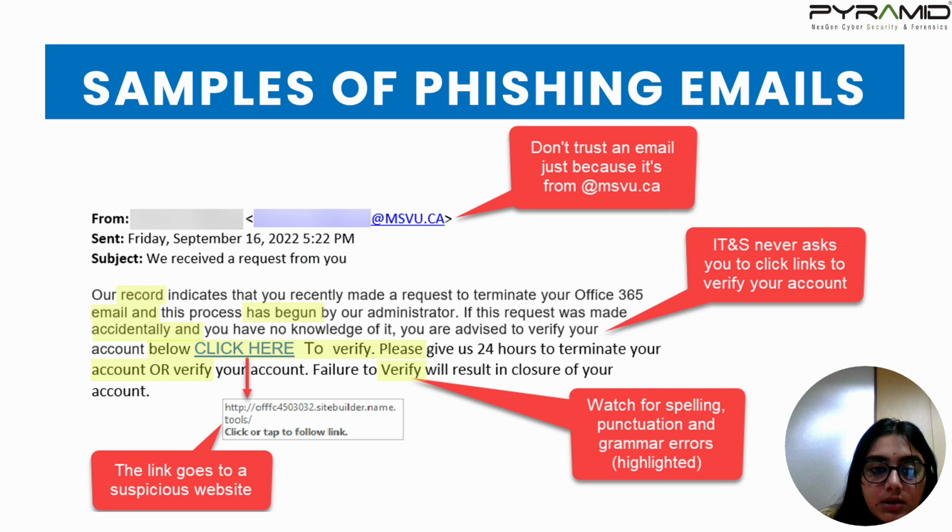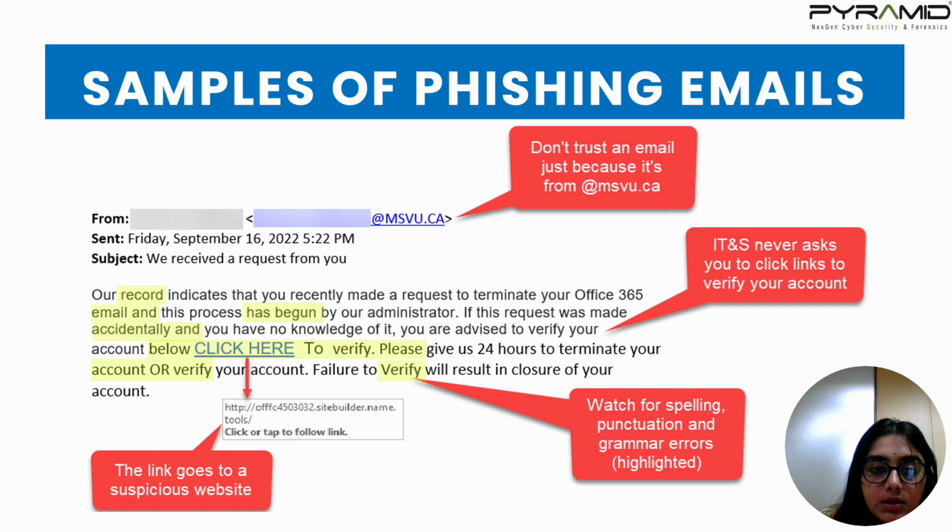Now, in this, we can see that this is a sample of a phishing email. If you see this at msvu.ca, that does not mean that it is actually from them. This text in blue font is like a hyperlink, and this link goes to a suspicious website. Next, IT and S never ask you to click links to verify your account.